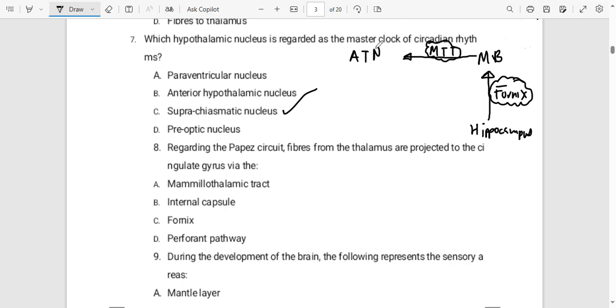And then from the anterior nucleus of the thalamus, where are we going? Yeah, to the cingulate gyrus. Thank you so much. And then what are we using to go to the cingulate gyrus?